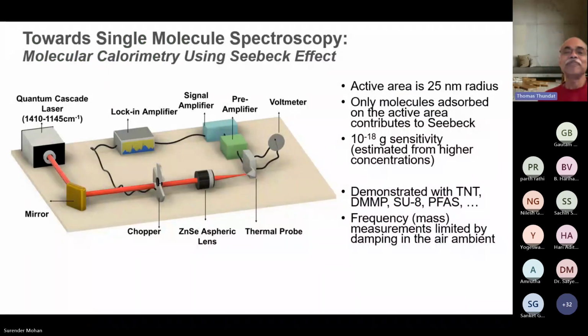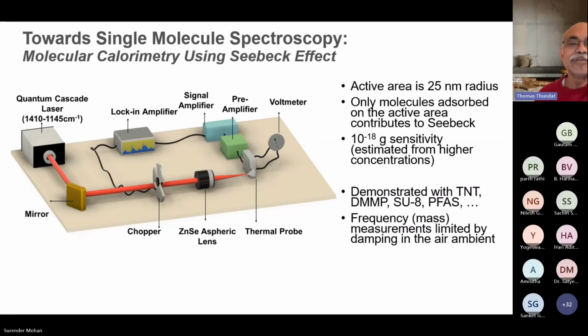So this is the arrangement. Right now we are using a quantum cascade laser, but you can also use any tunable IR. We also have a glow bar with a filter wheel. We use that one too, so it works fine.